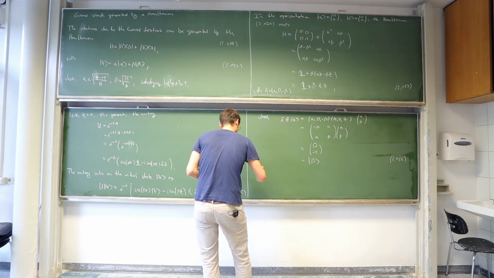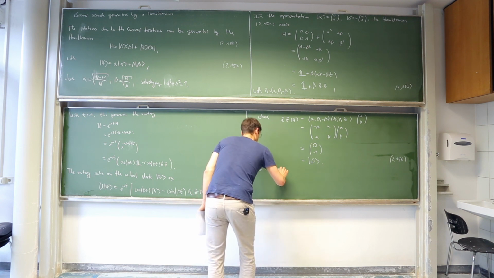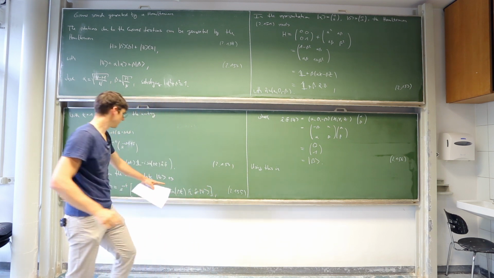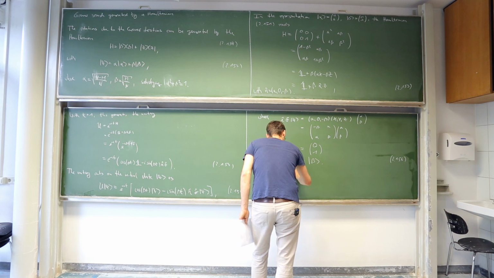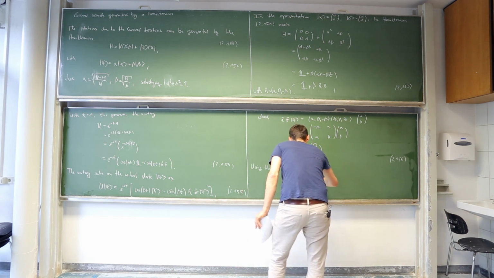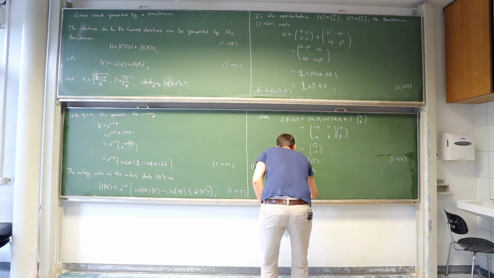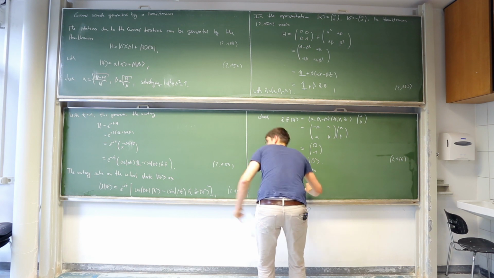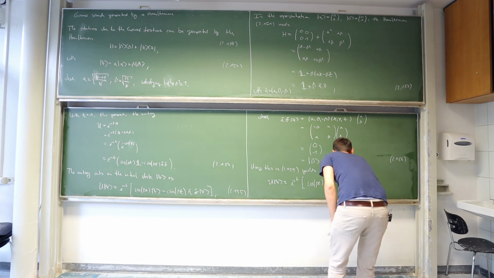So using this in this equation here in 155 yields that U psi is equal to e to the minus i t, and then we have cosine of beta t psi minus i sine of beta t beta.